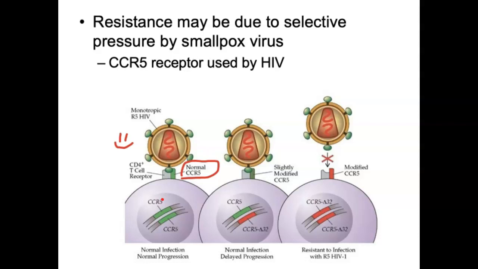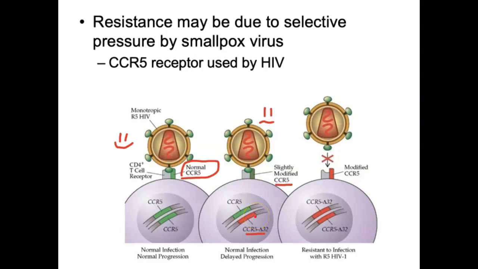Some people have a modified gene for the CCR5 receptor. So here it is, you're modified for whatever reason. Your CCR5 is tweaked a little bit. So you get infected because HIV still can attach, but it doesn't progress.